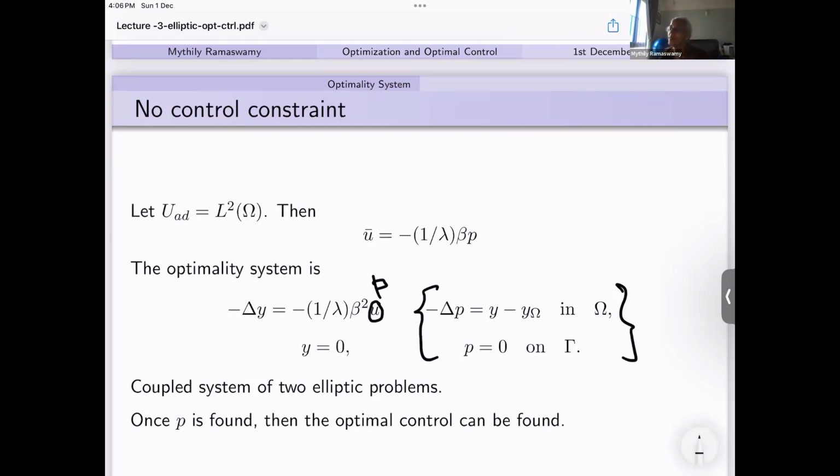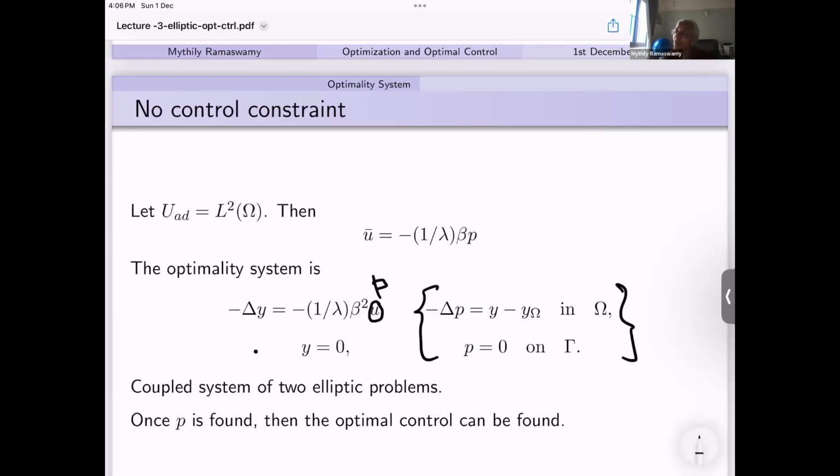So it is similar to the ODE case. I get a coupled differential equation and its adjoint. One is for the state vector, one is for the adjoint vector. So these two coupled elliptic systems will have to be solved.